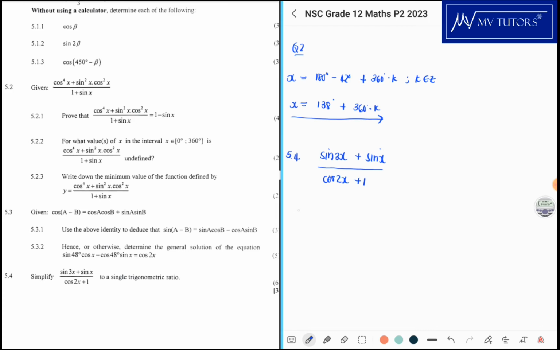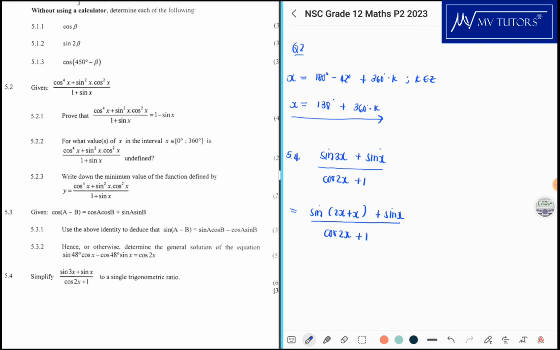If I see sine 3x, my inclination is to see what can I add together to give me 3? Well, it's just 2 and 1. So sine, and then I have 2x plus x, and then I leave the sine x, and in the denominator, for now I'm just going to leave it as cos 2x plus 1.